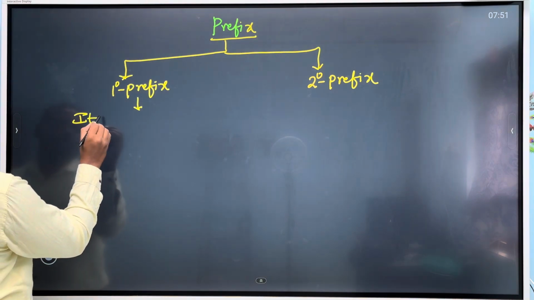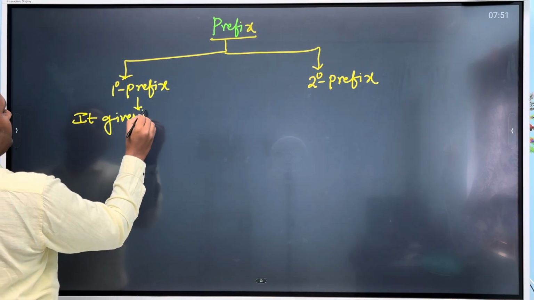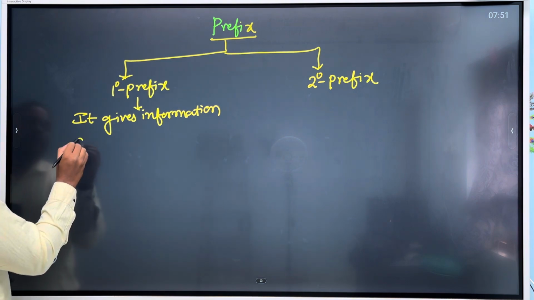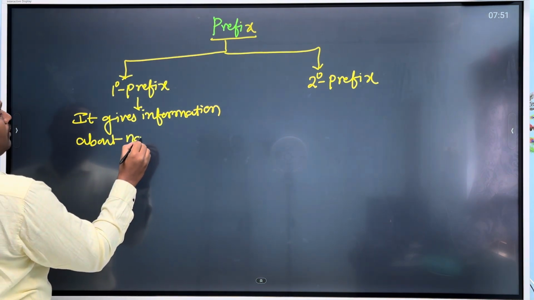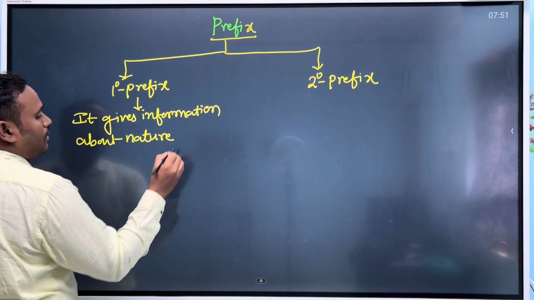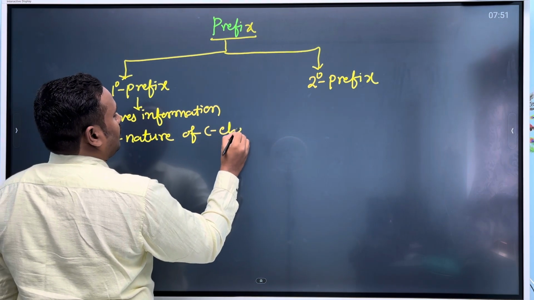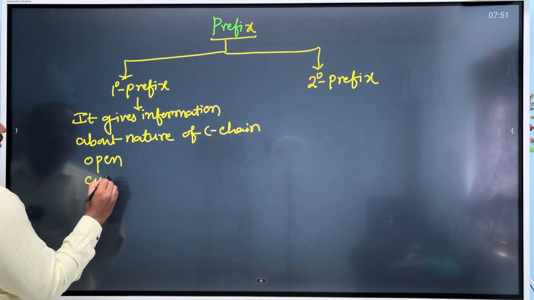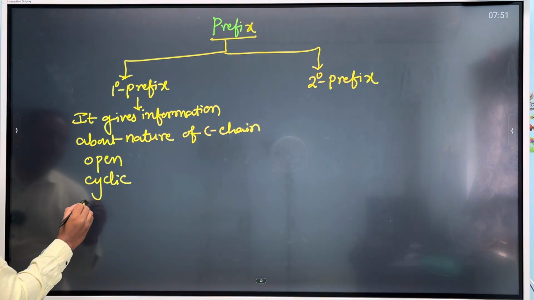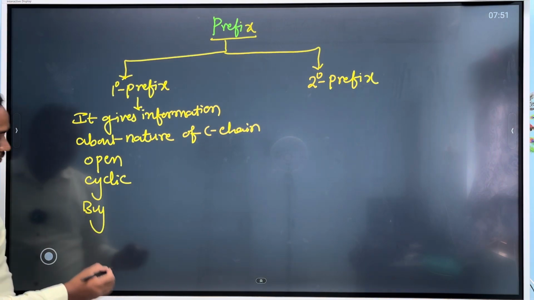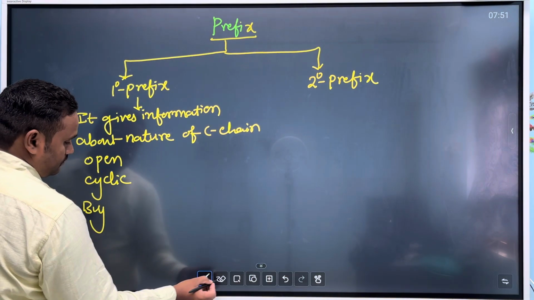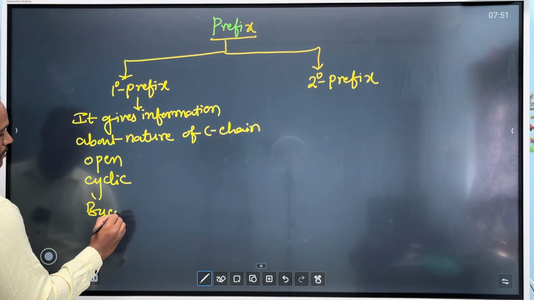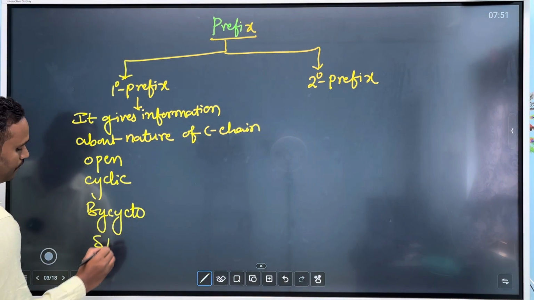It gives information about the nature of the carbon chain, whether it is open chain, cyclic, bicyclo, or spiro.